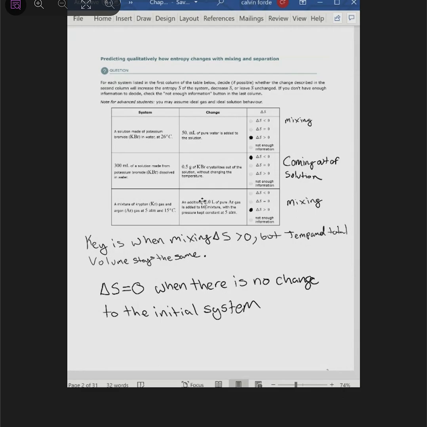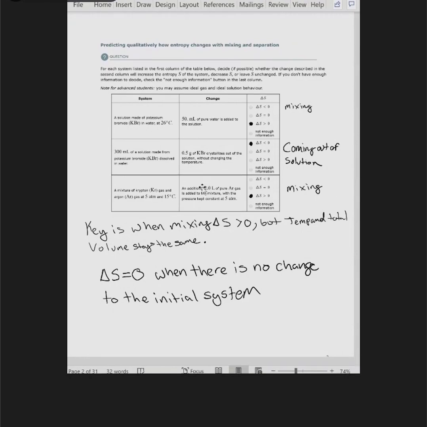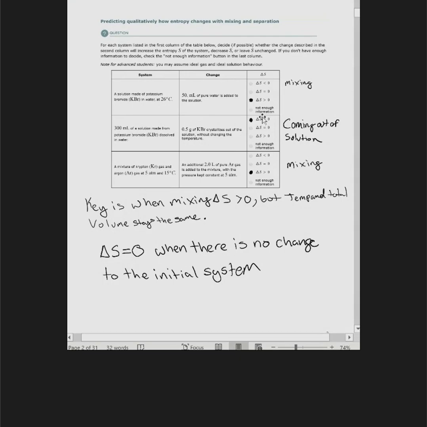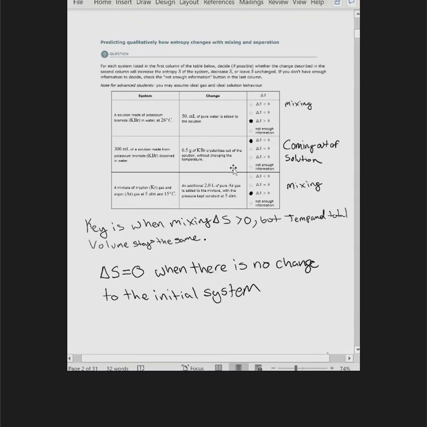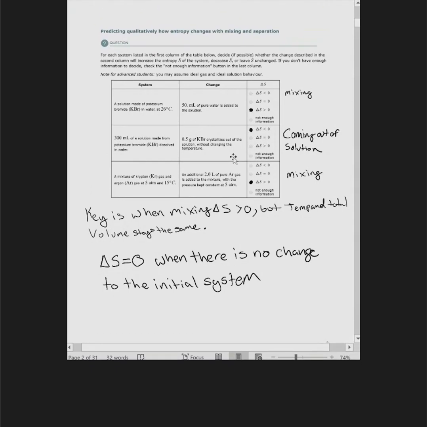Remember when we talked about solubility, now the solubility is going lower. So now we have solid in our solution, which is the 0.5 grams of KBr. Since we have something coming out of the solution, or the solubility decreasing, it's also going to decrease the entropy, or the delta S is going to go lower.